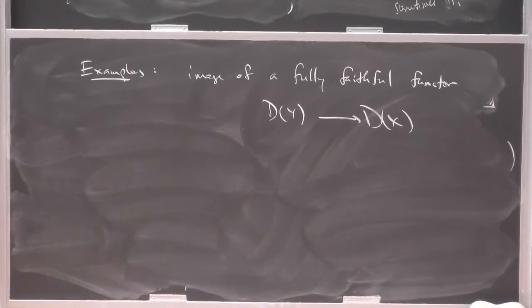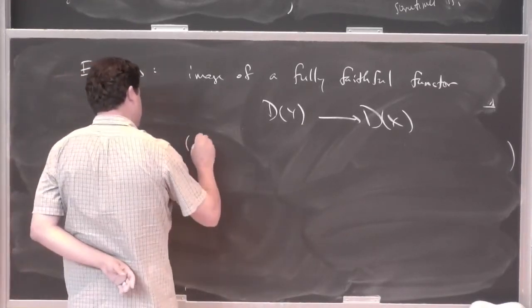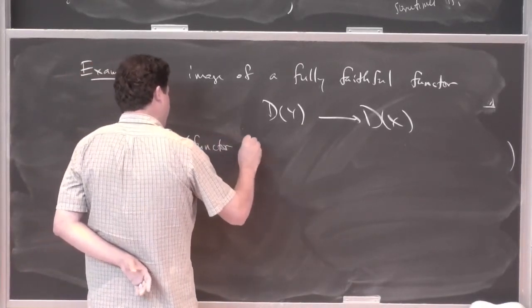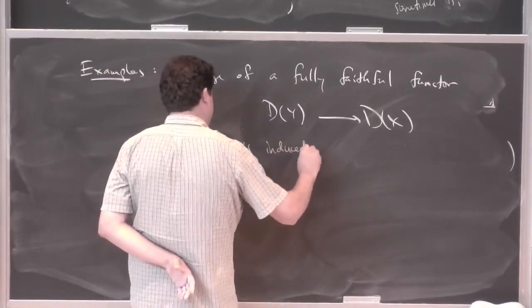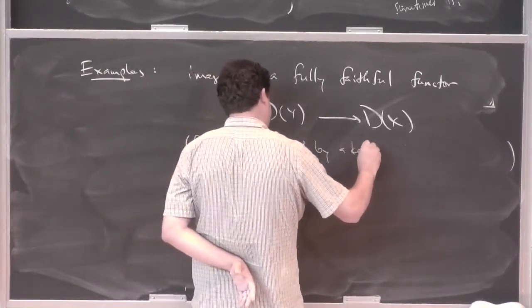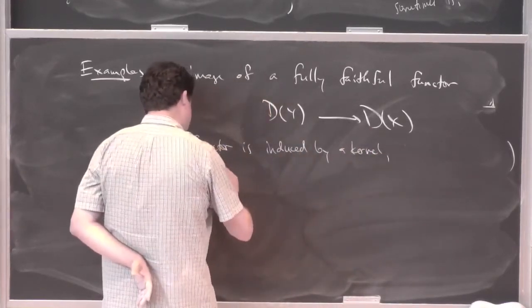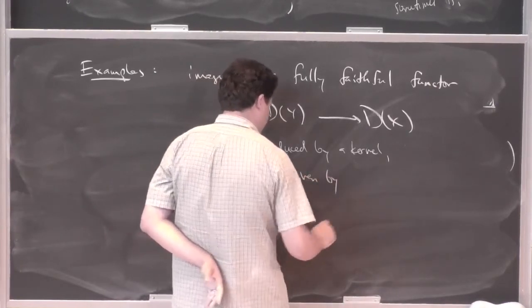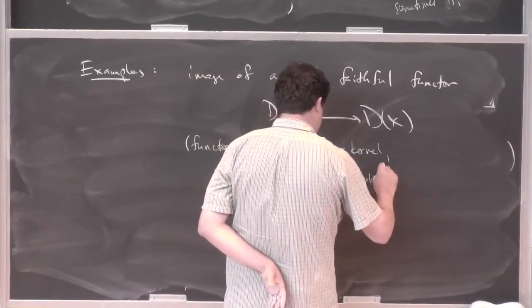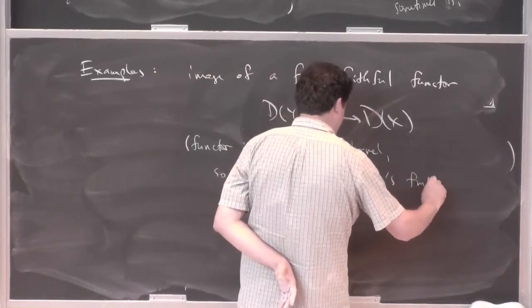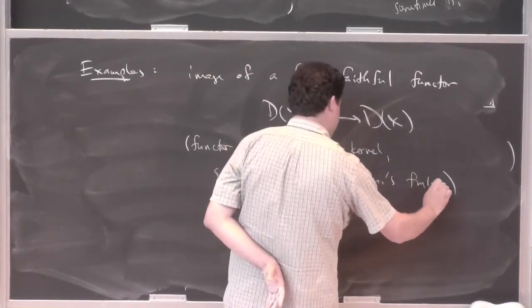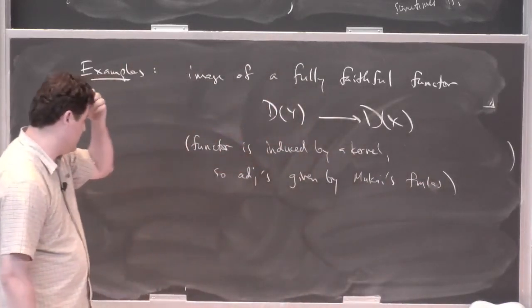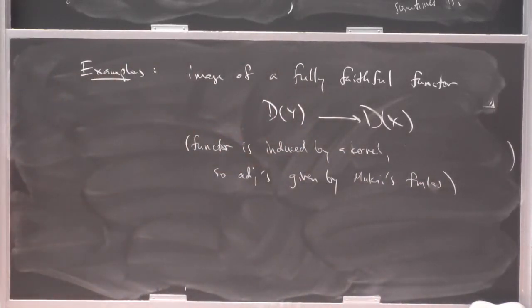And the reason is that the functor is induced by a kernel, and so the adjoints are given by Mukai's formulas. If we have a functor that's induced by some kernel, we know the left and right adjoints are induced by the dual kernel tensor some canonical bundle on either side with a shift.